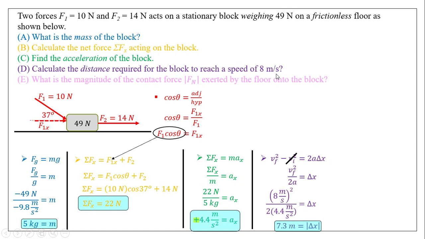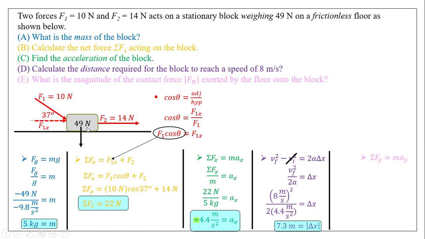All right. Part E asks us to find the magnitude of the contact force exerted by the floor onto the block. In order to do so, we just focus our attention in the vertical direction, or the y direction for this one. So let's go ahead and draw all our forces in the y direction. Here I have net force in the y direction is equal to may, but this is pretty easy.